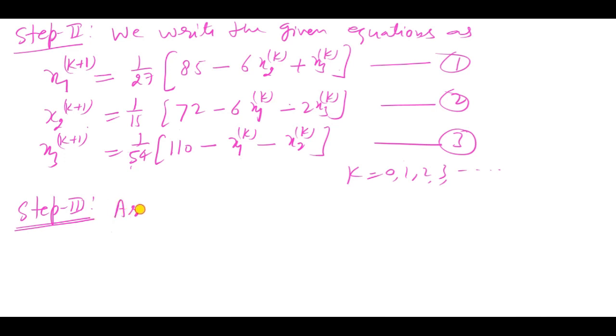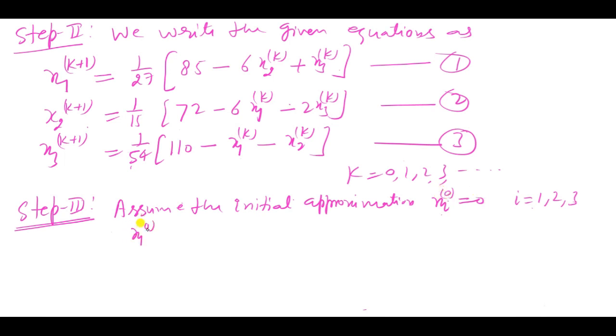So here assume the initial approximation xi^(0) is equal to 0. Here i is equal to 1, 2, 3 because n is equal to 3. That is, when we put i is equal to 1, then x1^(0) is 0. When i is equal to 2, x2^(0) is 0. When i is equal to 3, x3^(0) is 0.